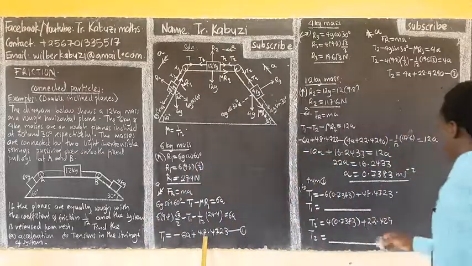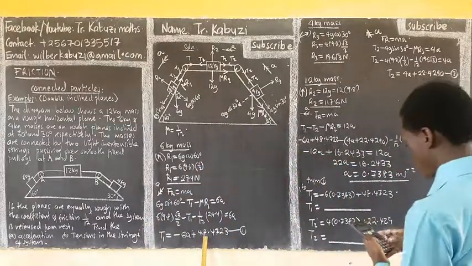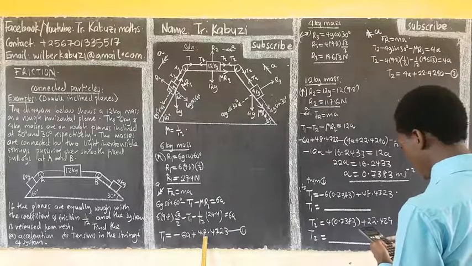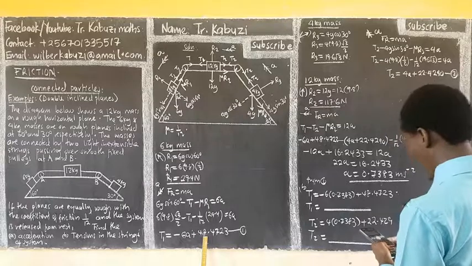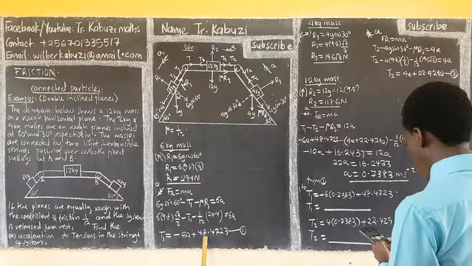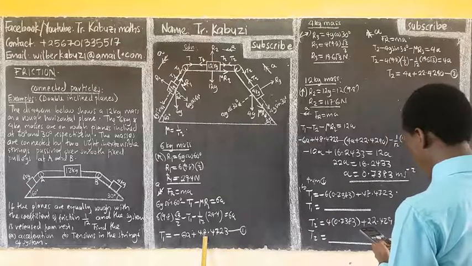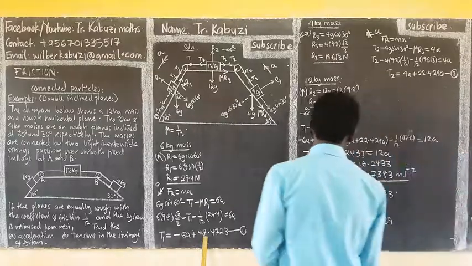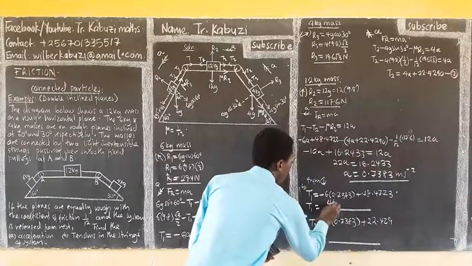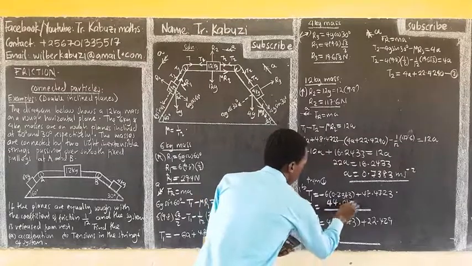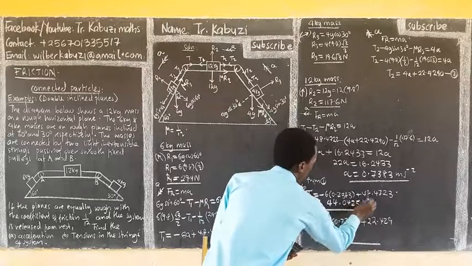Okay, when I press this, I have 0.7383 plus 4. So here I'm getting 44.0425, and this is T1.